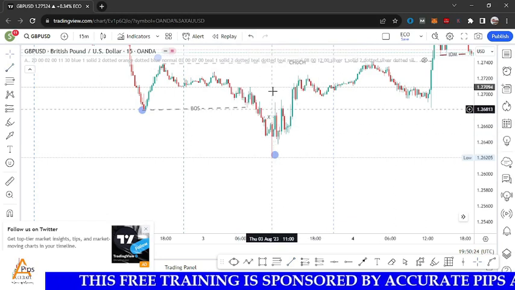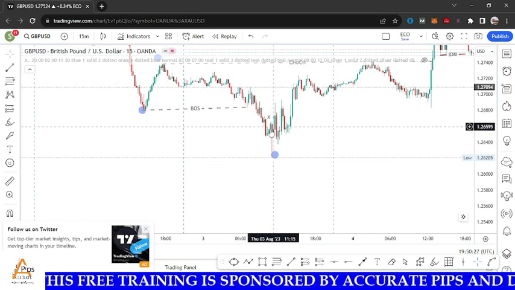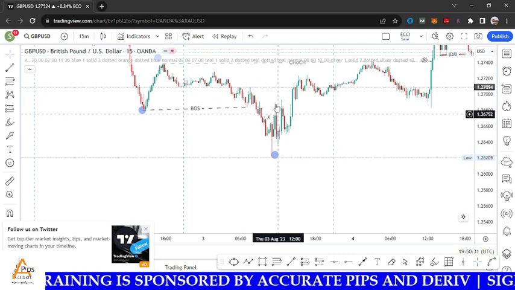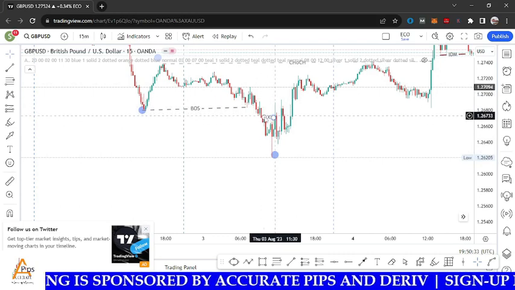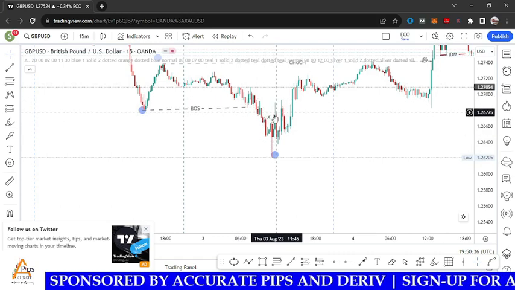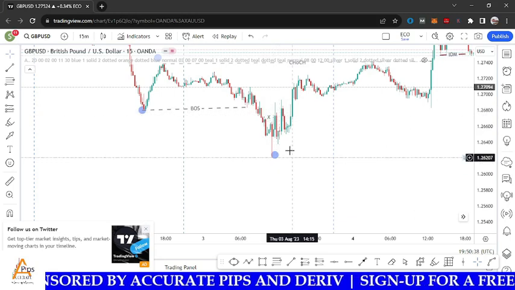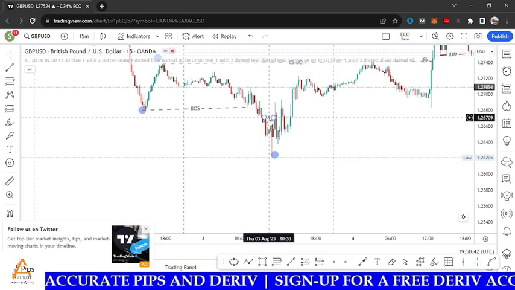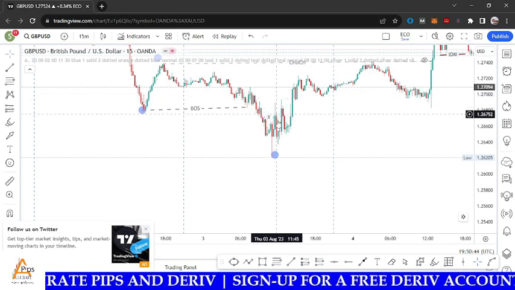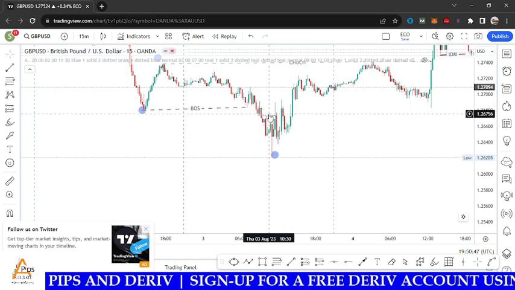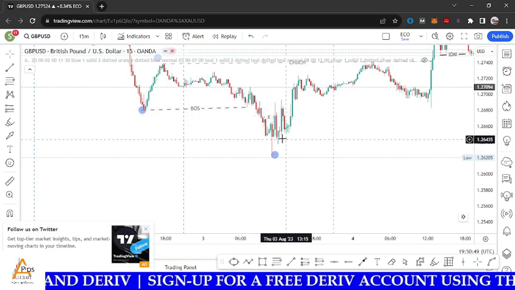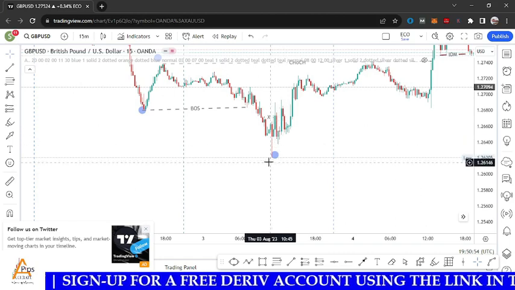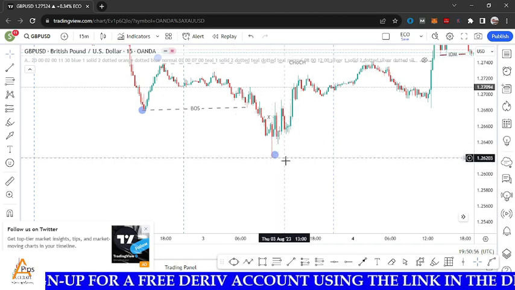Okay, now after that we had this low created, we have this push, then look at this, there was a sweep of this side, but the candle body didn't close below this area, so we cannot consider this as an IFC. The next sweep we have was down here, but it wasn't a sweep of this low.